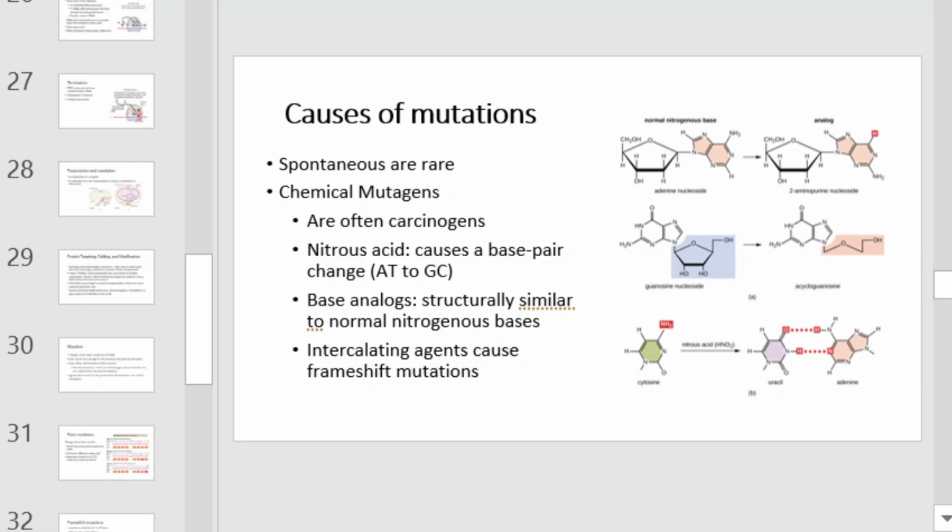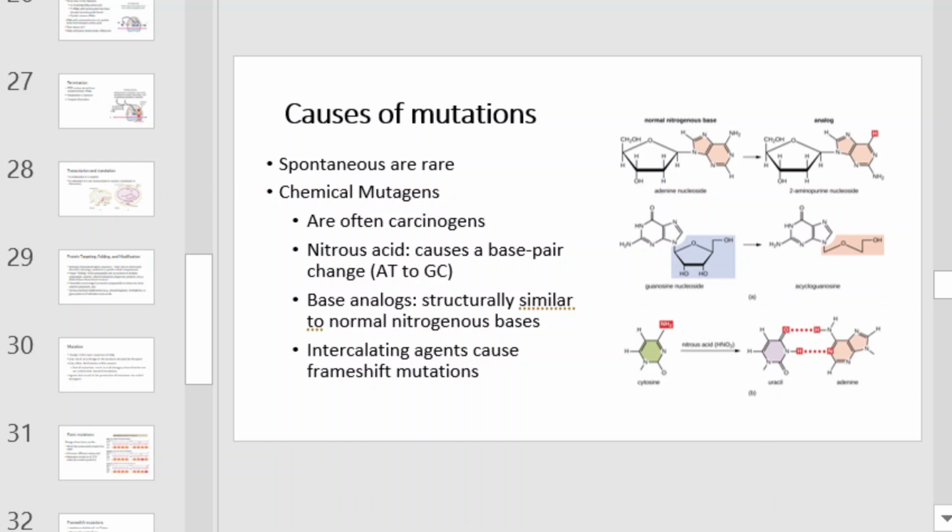The cause of mutations. Spontaneous mutations are rare, but they do happen. Spontaneous mutations occur at a rate of 1 in 10 to the 9th power base pairings. Chemical mutagens are more often the cause of mutation than spontaneous mutations. Chemical mutagens are often carcinogens.